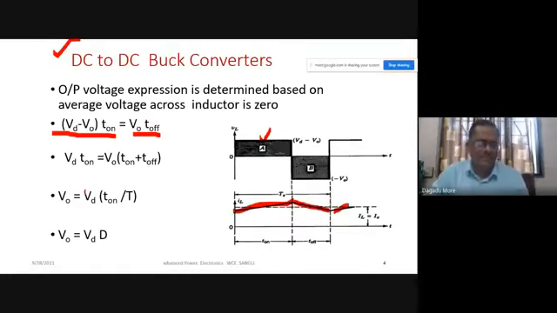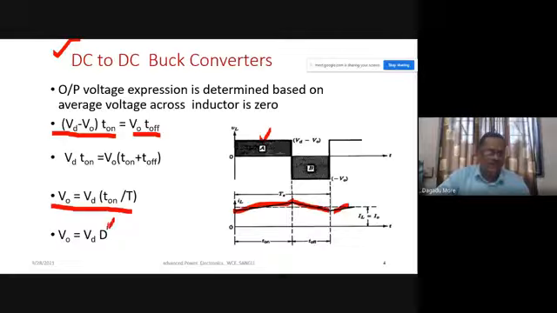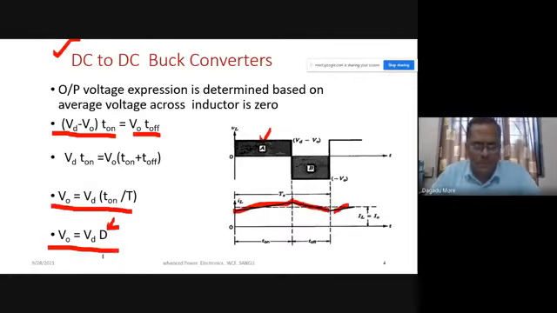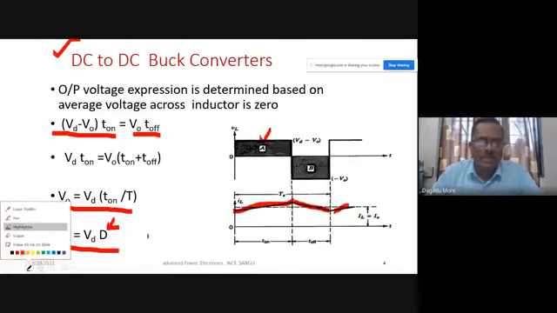You just simplify this, and we get the output voltage VO as the input voltage into T on by T, and this ratio T on by T we can call D. So the output voltage will be the input voltage multiplied by the duty ratio. And what is the range of duty ratio? In which range can we vary the duty ratio?